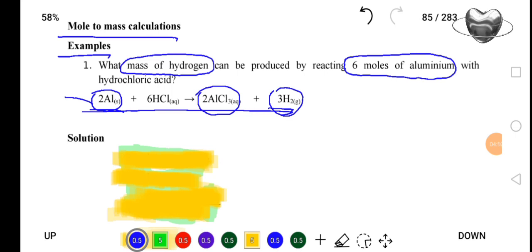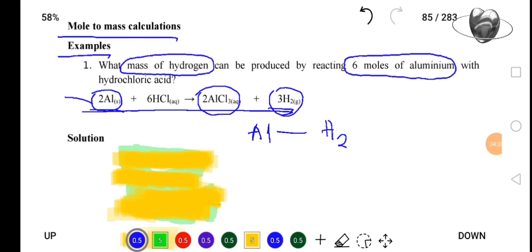Now, since this question is more of a mass calculation, we are going to use the mass related to moles. So in the question we have aluminium to hydrogen. They have given us the number of moles of hydrogen that was produced.